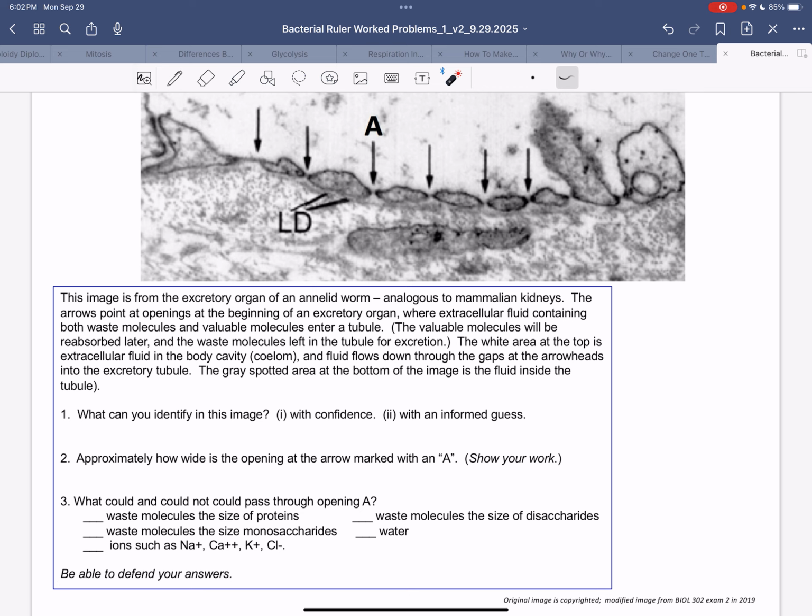Approximately how wide is the opening at A, that opening there? From the looks of it, I would say it's about 1 to 2 times the width of the membrane. And so that would make it somewhere between 10 to 20 nanometers.